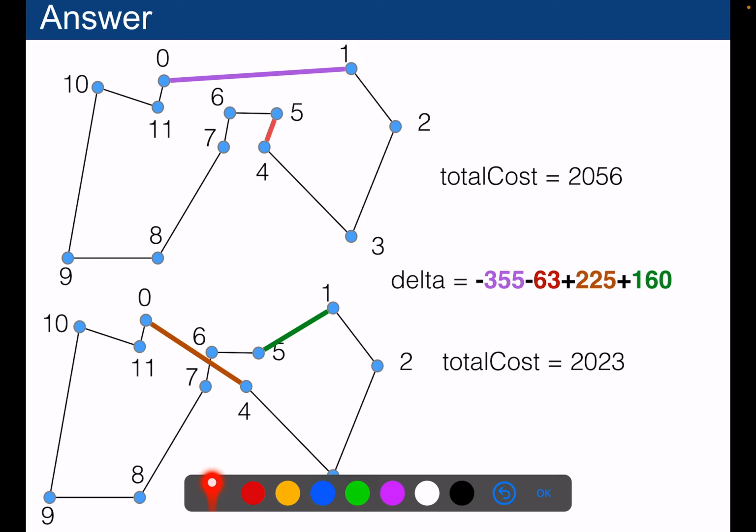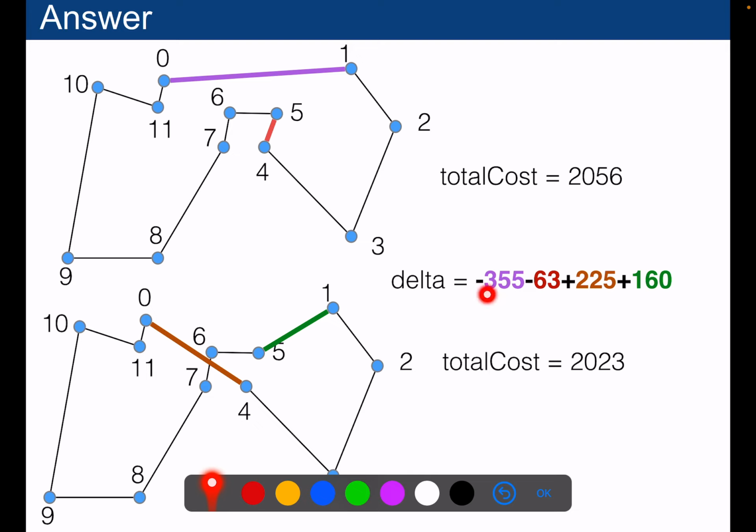If I would break these two edges and reconnect the circuit like this, you see that I'm introducing now a crossing between two edges, and despite this crossing, the total length has been improved.